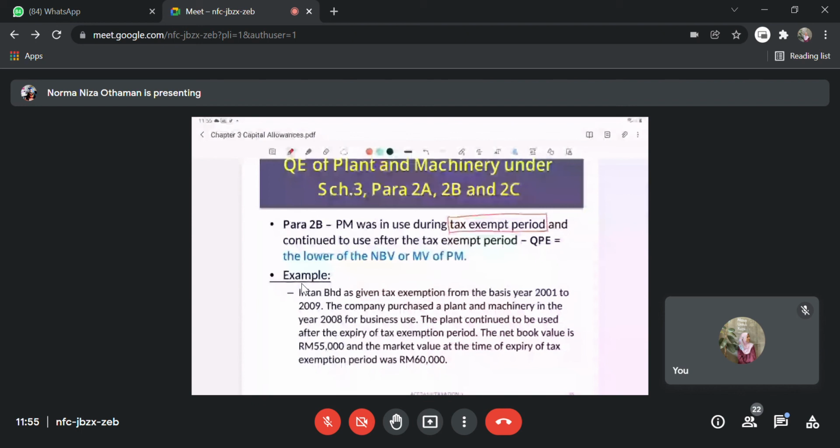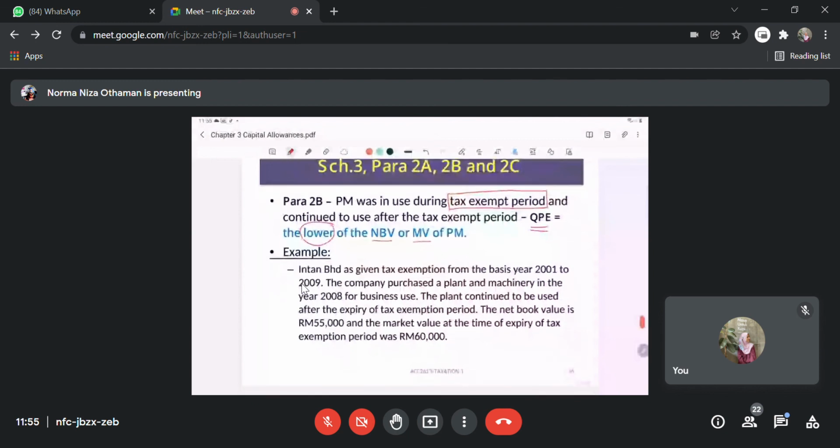So plant and machinery tu kita consider dia sebagai used asset. So kat sini macam mana you nak identify the QPE? So identify the QPE, we choose the lower of net book value or market value, whichever is lower. So kalau you tengok kat sini, okay, dia bagi the net book value is 55,000, versus the market value is 60,000.